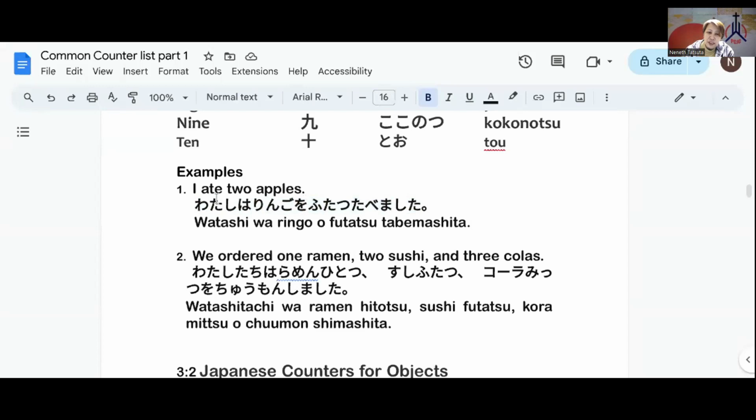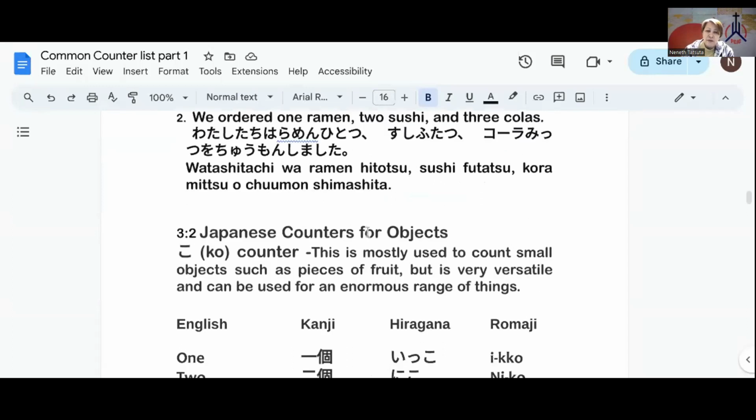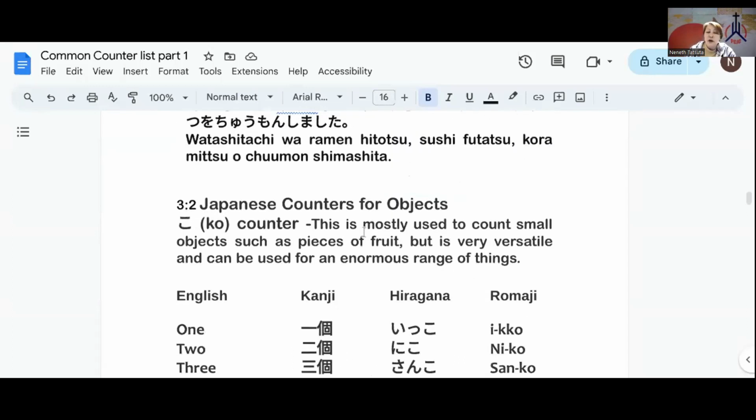We're going to discuss this today, the use of o, the particle o. And then you have the counter. Futatsu means 2. Now, for your Japanese counters for objects, we use ko.